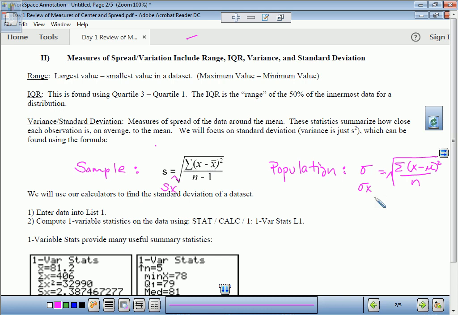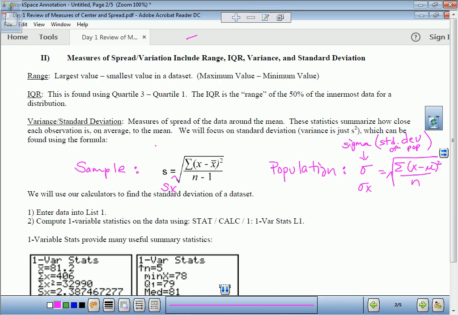This is a lowercase sigma, and sigma represents the standard deviation of a population. So if I gave you an entire data set, this is the one you'd look at. If it were a sample from the data set, then this is what we would look at on our calculator.